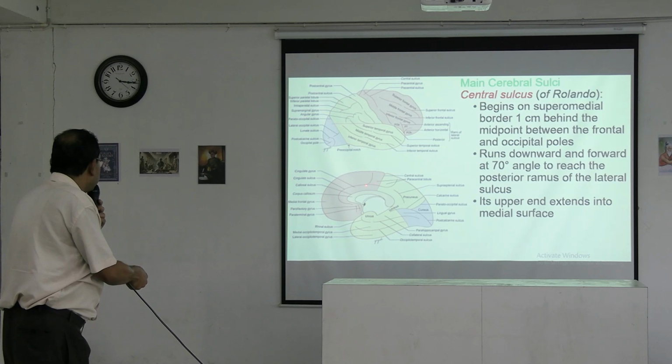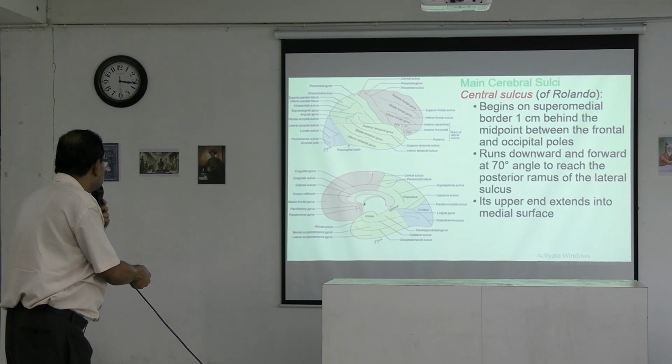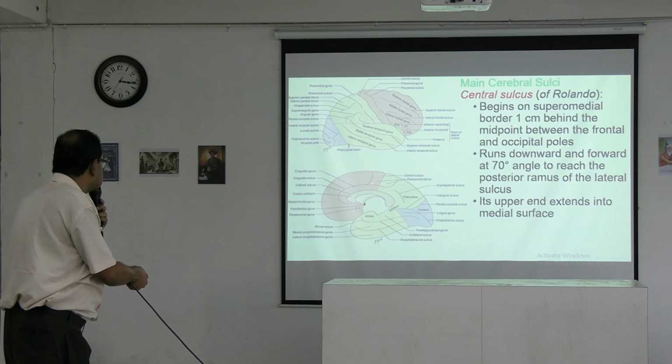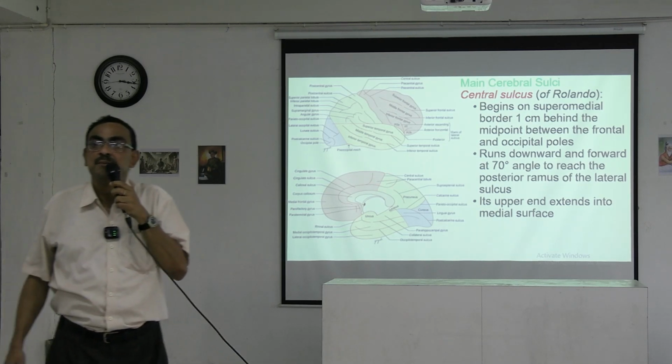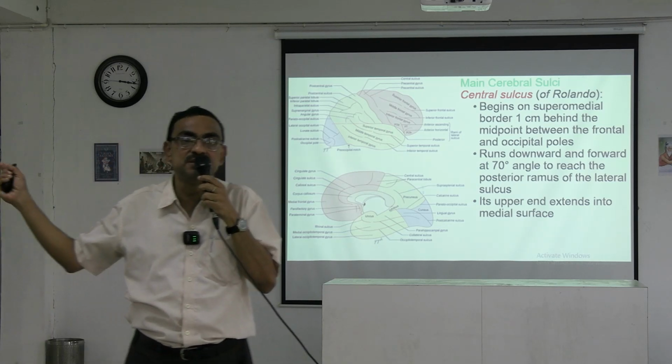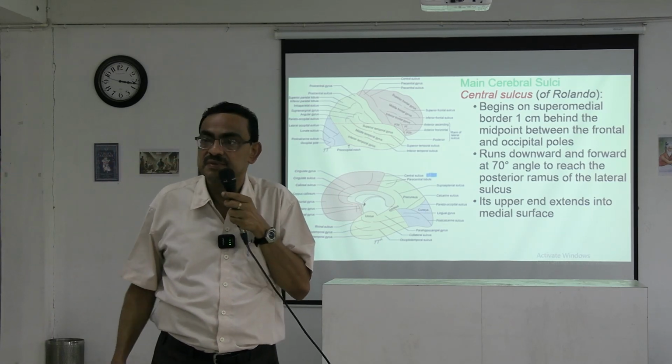From the cingulate sulcus, one stem goes above and reaches the superolateral surface. The area in between the cingulate sulcus and this component is called the paracentral lobule, which is visible in the medial surface.